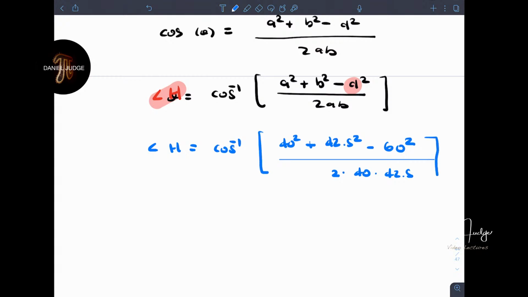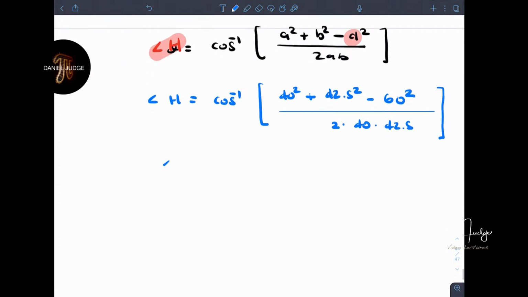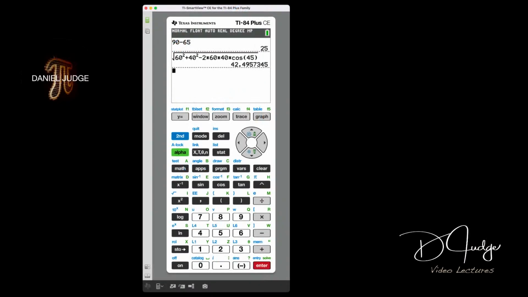Let's get this going here. Let's find what angle H is. Inverse cosine, let's put another parentheses: 40 squared plus 42.5 squared minus 60 squared.